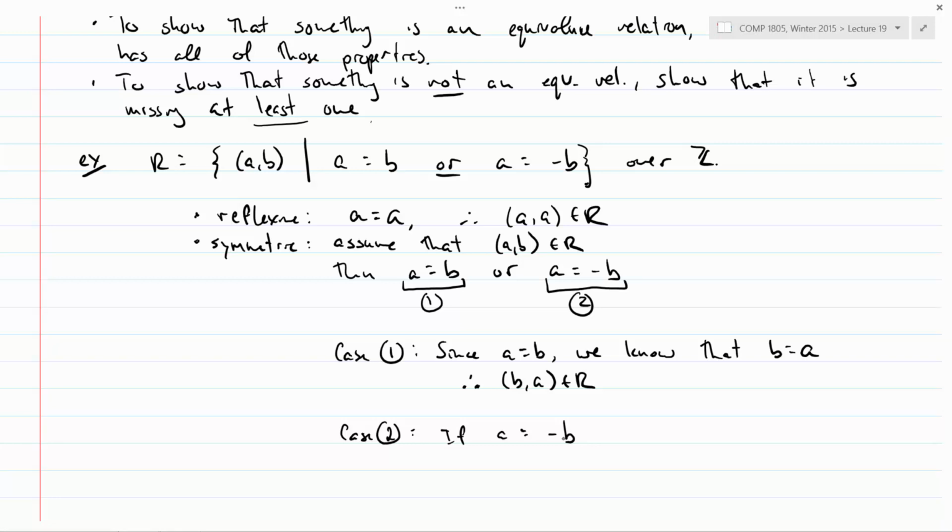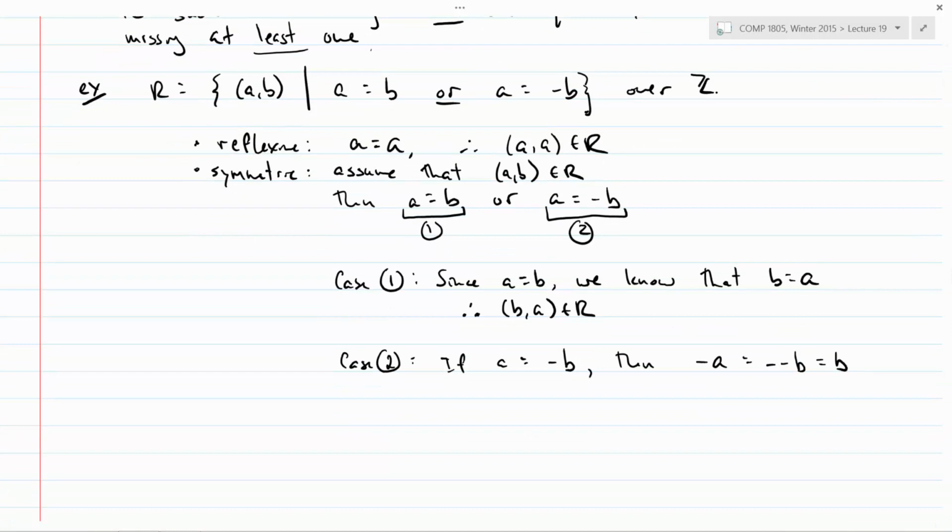Yeah, I just multiply both sides by minus 1. Right, so minus A equals minus minus B, which is just B. Okay, and because minus A equals B, I know that BA is in R.